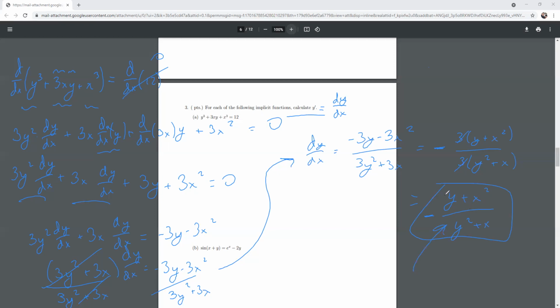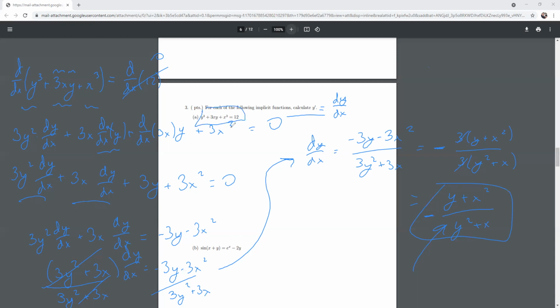You do have to question, like, we have y's in our answer, right? Is that allowed? Depends. Sometimes some professors will ask you to solve for y when you can. In this example, I can't imagine a professor ever asking you, because solving for y in this is really tough.